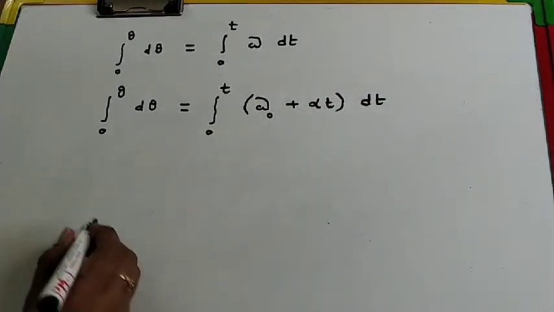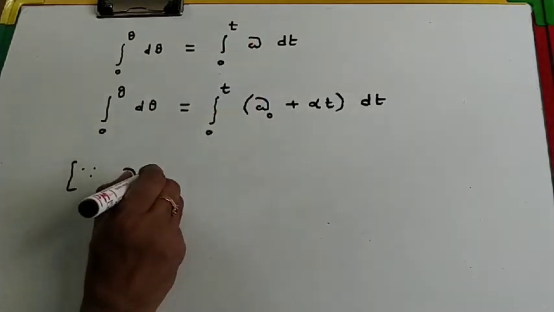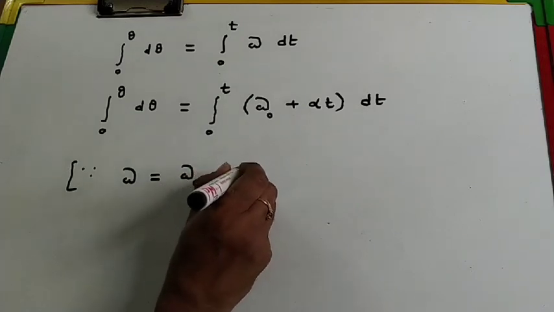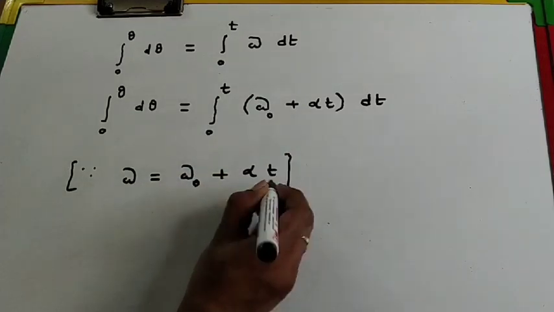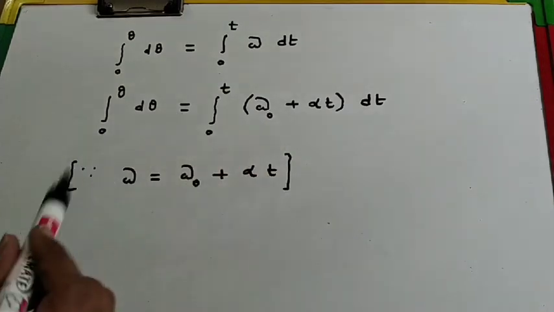The reason is, since omega is equal to omega naught plus alpha t, that is why in the place of omega we wrote omega naught plus alpha t.